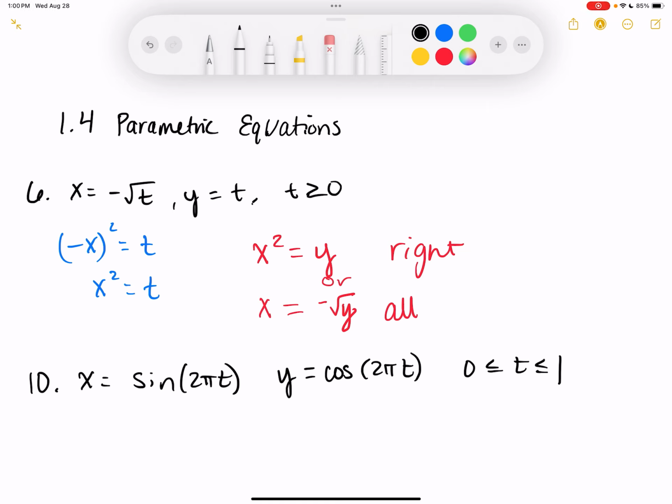I like circles. So that means, based on the information I have, that this is going to be x squared plus y squared equals sine squared of 2 pi t plus cosine squared of 2 pi t.